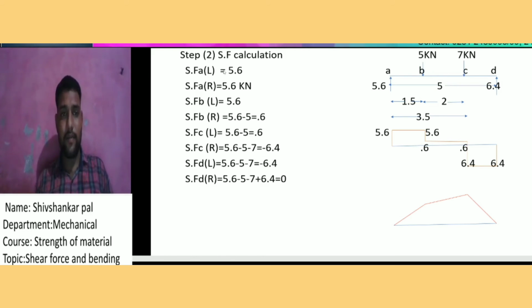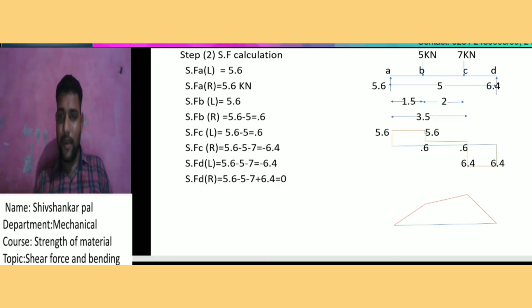So the diagram is drawn here. Suppose I start from point A. You know the shear force at point A is equal to 5.6, and this 5.6 continues here, here and here.